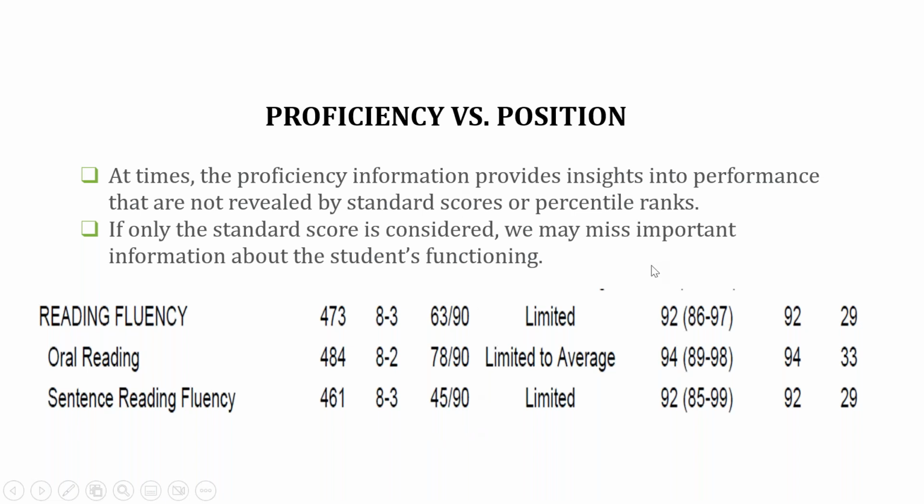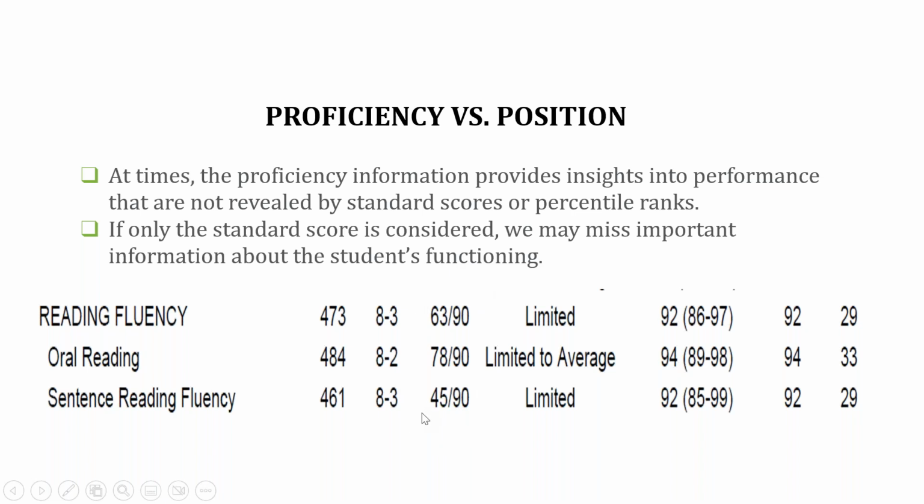So if we only consider a standard score when we're looking at students' performance, we're going to miss important information about that student's functioning. And while they fall within the average range in these areas, we know by looking at that RPI that they're going to have difficulty in the classroom with these tasks.